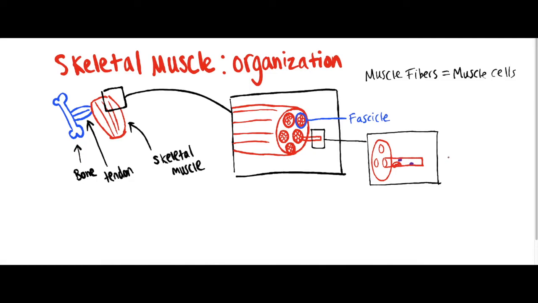But also inside of muscle fibers, there are these very important structures called myofibrils. I'm going to draw that in right here. Myofibrils are these long, slender structures that are responsible for the contraction of the muscle.